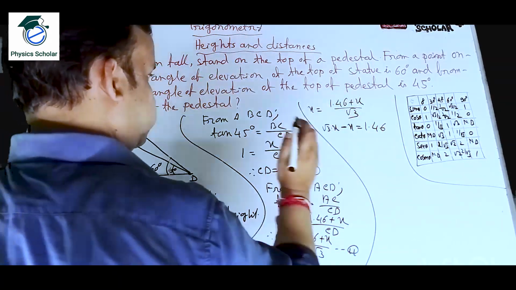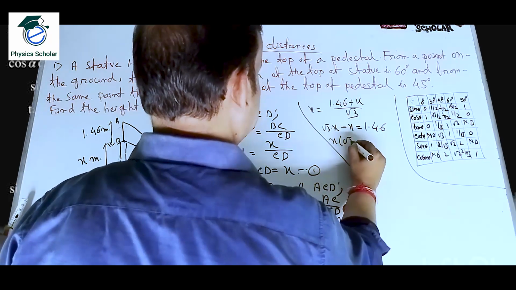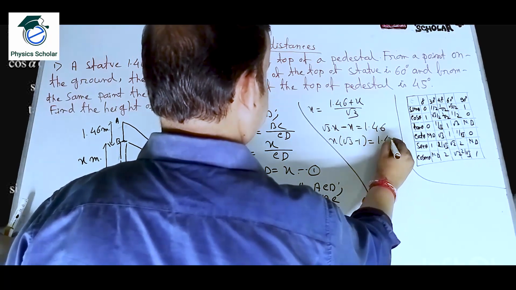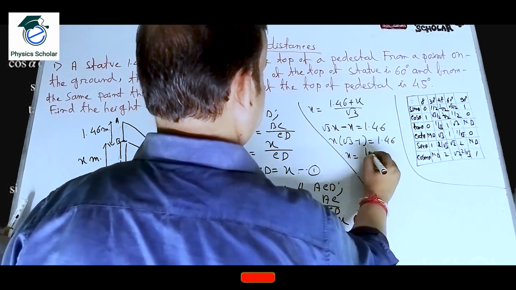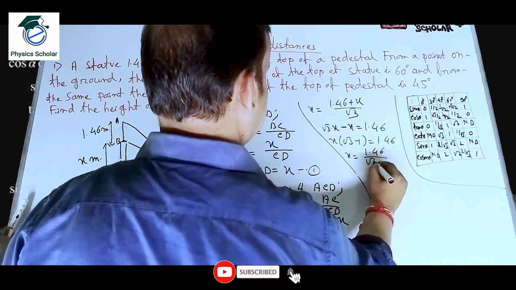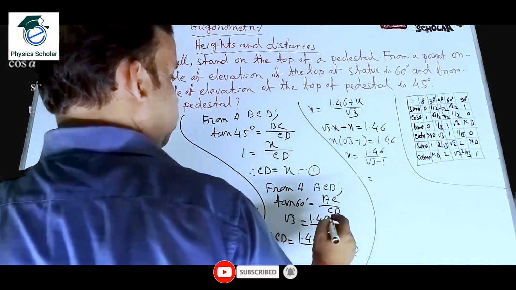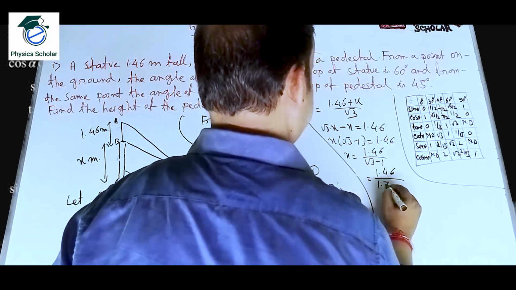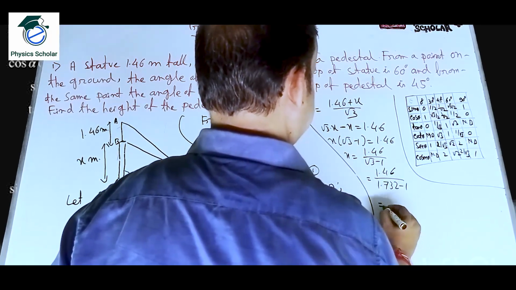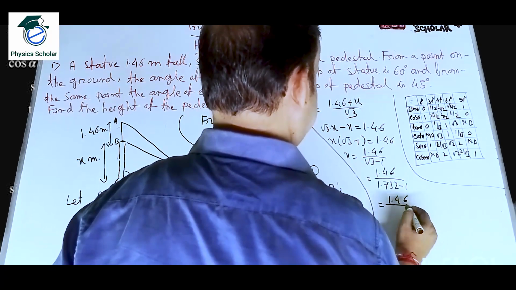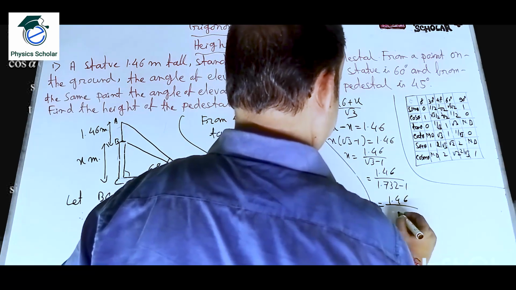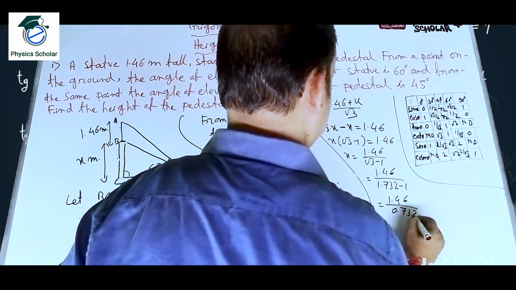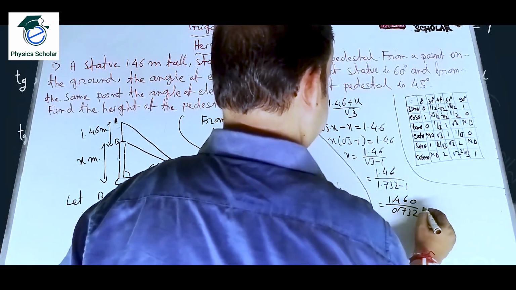Taking x common, x times (root 3 minus 1) is equal to 1.46. So x is equal to 1.46 divided by (root 3 minus 1). The value of root 3 is 1.732, so 1.46 divided by (1.732 minus 1) is 1.46 divided by 0.732. This will be the answer.